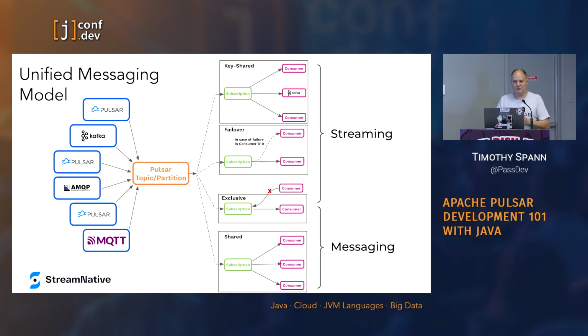What's nice with Pulsar is the data doesn't die until your subscription is resolved, unless you specifically set a timeout that says, I don't care, just kill the data. We have a lot of flexibility on how long you let messages live. And you have a lot of control over that, which is a nice feature if you don't want your data to be lost because of some unforeseen circumstance.